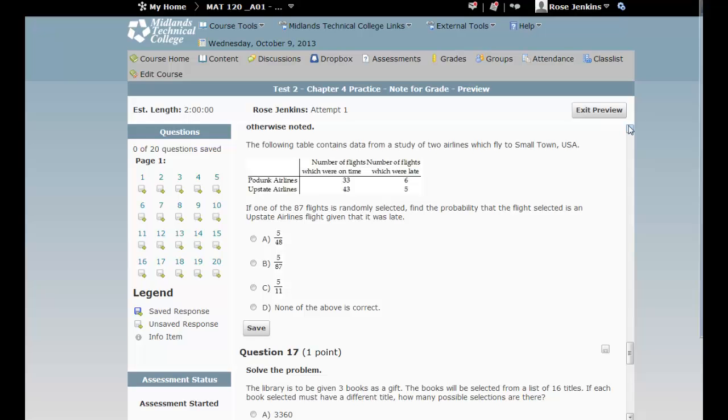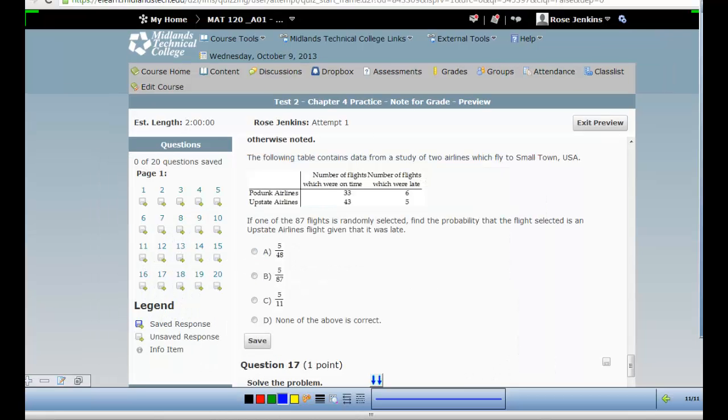Okay, so we kind of talked about this a little bit earlier. What we're looking at here is called what? Well, that's the contingency table, but what they're asking us to find is what kind of probability. It does start with conditional. It's conditional probability. We're finding the probability that the flight selected is an upstate flight given.